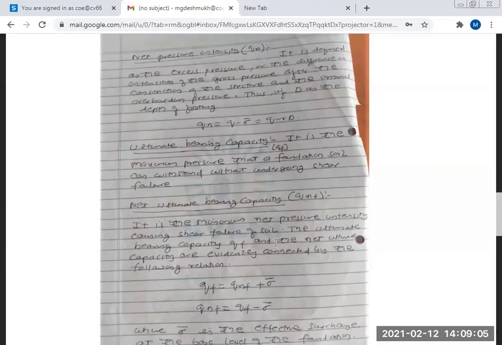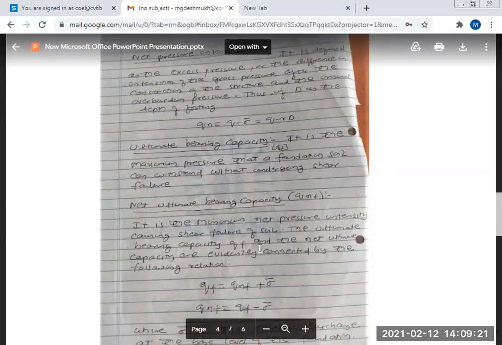तो मिनिमम तभी बनता है जब हम अर्थ प्रेशर को, अर्थ फिल को टोटली नेग्लेक्ट कर रहे हैं, और मैक्सिमम उस वक्त बनता है जब हम अर्थ फिल को ऐड कर रहे हैं. समझ रहे इस बात को आप? So it is the minimum net pressure intensity causing shear failure of soil.